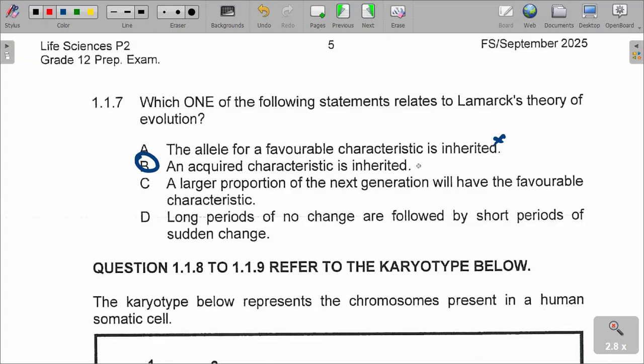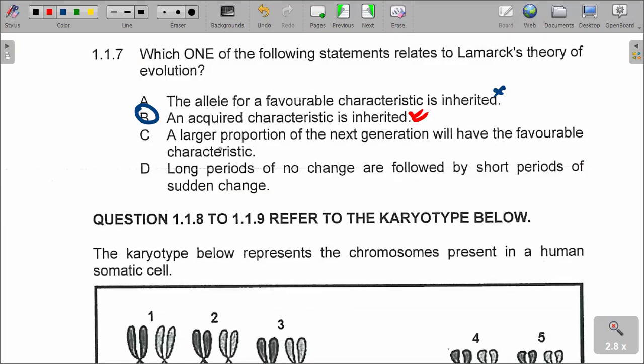Lamarck's theory has got his core principle, which we talk about acquired characteristics. Acquired characteristics, we said characteristics that are obtained by an organism during its lifetime are inherited, which made the Lamarck's theory to be what? To be discarded or not to be considered. So the correct answer is B.